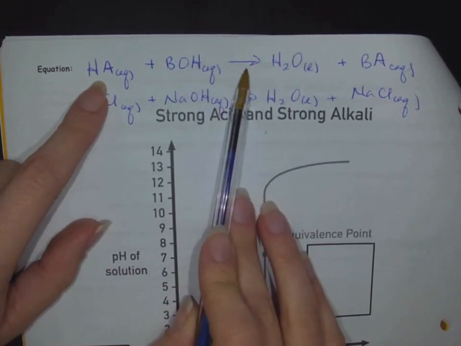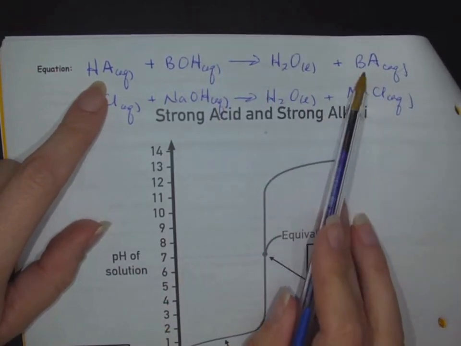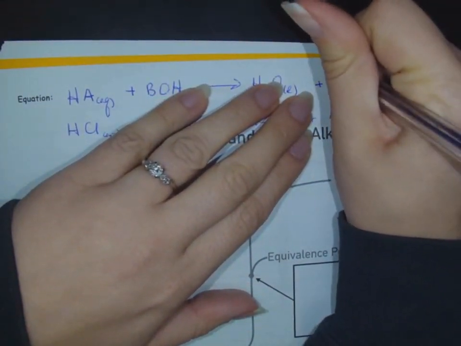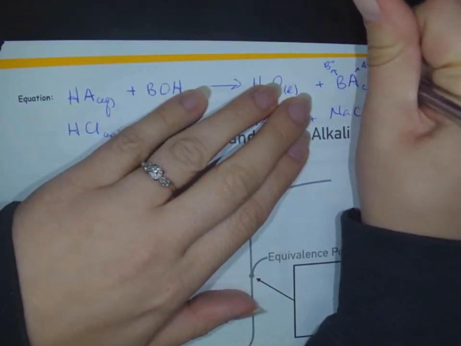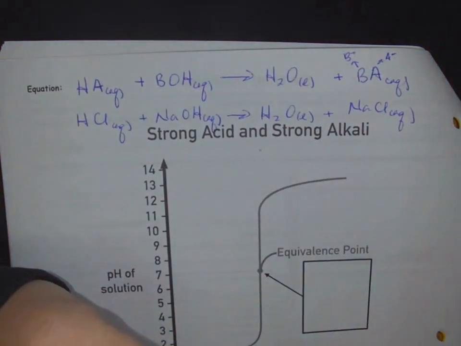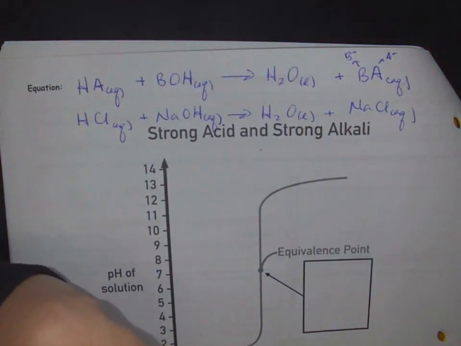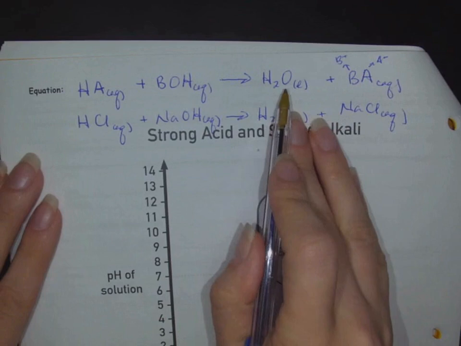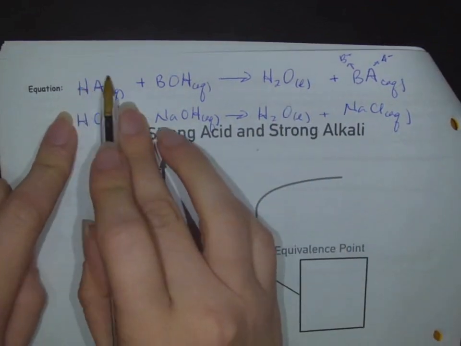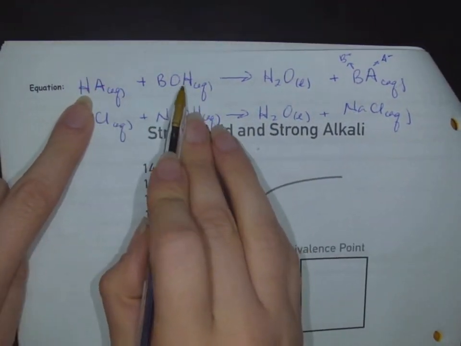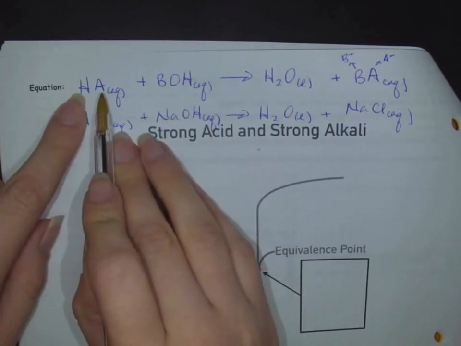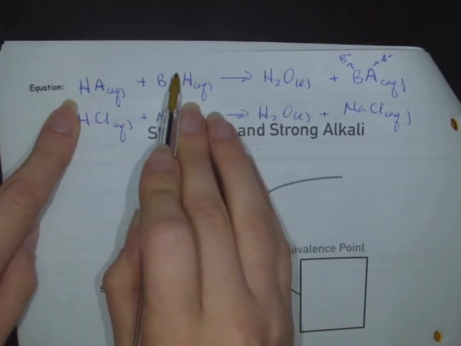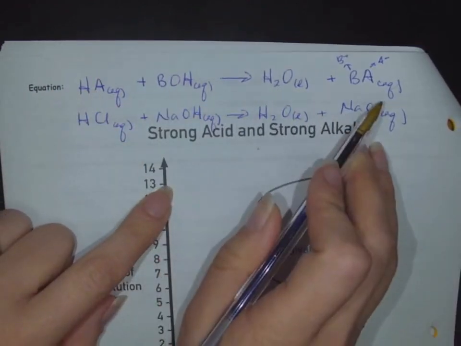These are gonna completely react, and they're gonna turn into water, and then this B plus and this A minus that's floating around in there. Okay, so all of this gets consumed if there's an equal amount of base. So like if I have equal amount of this and this, I have 6 of these and 6 of those, they will completely react to form these things.